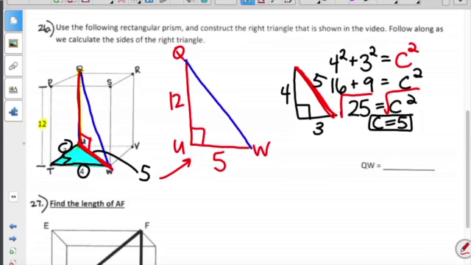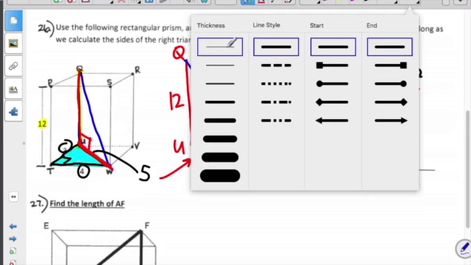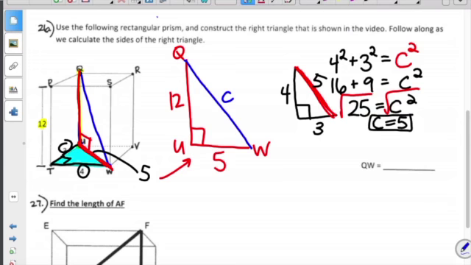So now I have a right triangle with two legs and an unknown hypotenuse. I can again use the Pythagorean theorem to figure out what QW is, or c. So we have 5 and 12 as our legs. 5 squared plus 12 squared equals our hypotenuse, c squared. 5 squared is 25 plus 12 squared, 144, is equal to c squared.